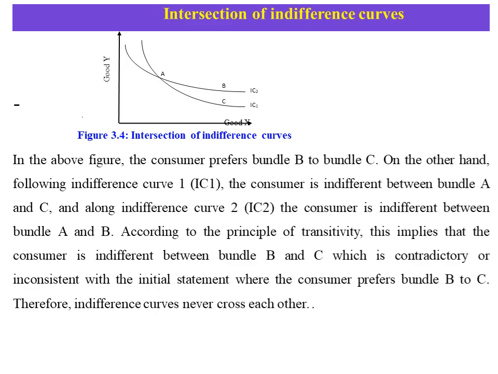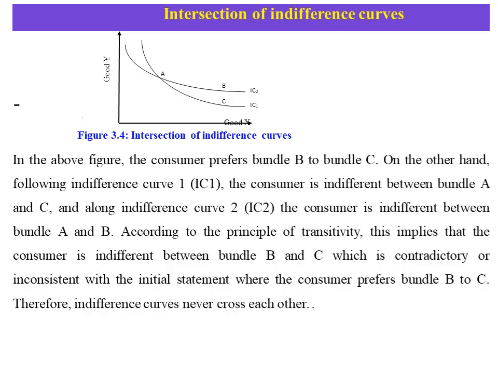But because of this intersection point, because they are intersected, the assumption or the property is violated here. Therefore, indifference curves never cross each other. If they cross, the property of indifference curves we have discussed before is violated, and you are going to face difficulty choosing which one is best for you.